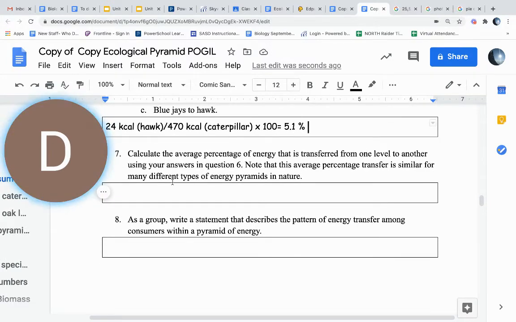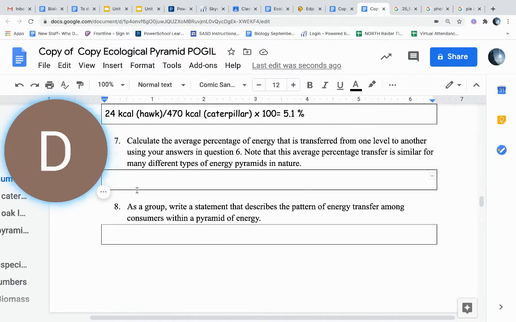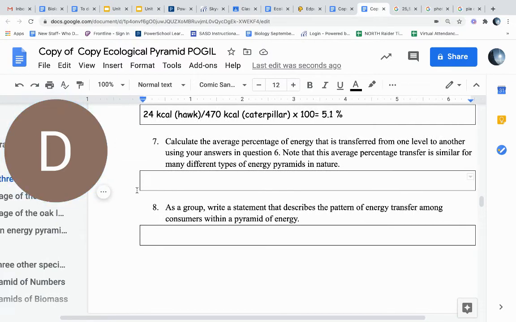Now 7 is calculate the average percentage of energy that's transferred from one level to another using your answers from question 6. All right, so in order to calculate an average, you've got to add up all of the numbers. So you'd go like number 1 plus number 2 plus number 3.